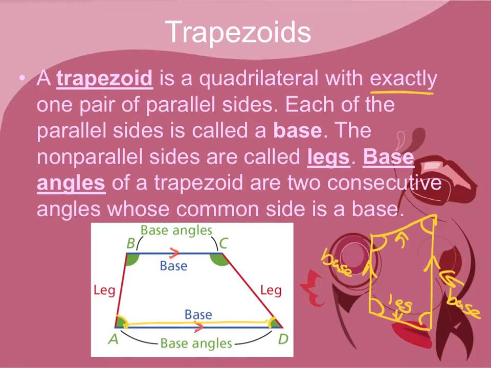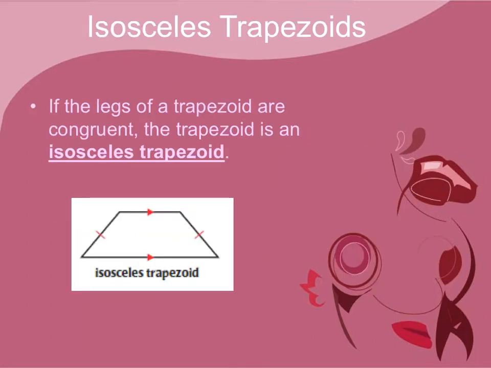Remember, all angles of a quadrilateral always add to be 360. So even though it's a trapezoid, it's still a quadrilateral. Now we're going to see a specific type of trapezoid. This is an isosceles trapezoid. Now I know we talked about isosceles triangles. Now it's an isosceles trapezoid. So if the legs of a trapezoid are congruent, then the trapezoid is isosceles.